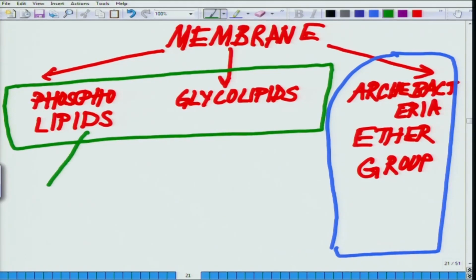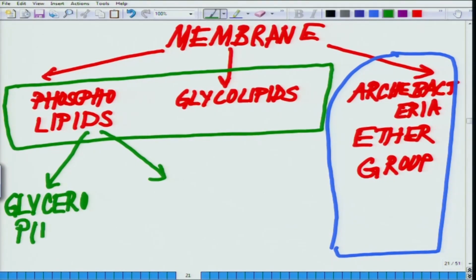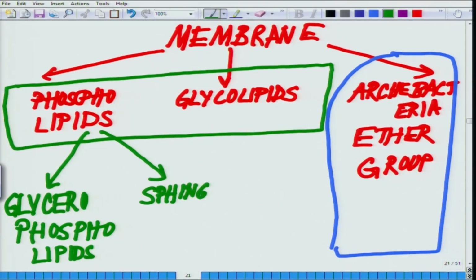So, the phospholipids could be further classified into 2 groups. They are called glycerophospholipids, this is one classification. The other one is sphingolipids. We will come to that. What does that mean? Sphingolipids. Okay. Similarly, the glycolipids are classified into 2 groups.